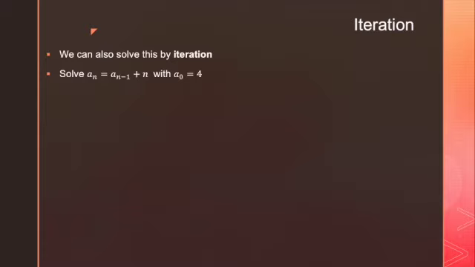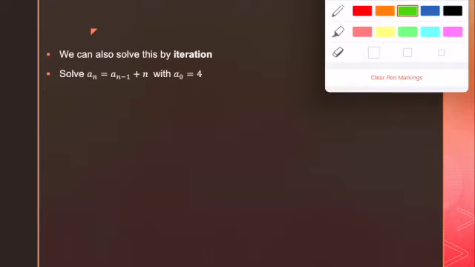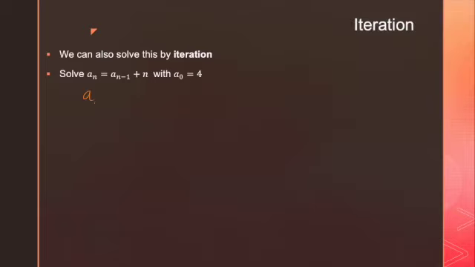So I have my relation and my initial condition. I now know that, let's use orange, a sub 1 equals a sub 0 plus 1. a sub 2 equals a sub 0 plus 1 plus 2. a sub 3 equals, stick with me, a sub 0 plus 1 plus 2 plus 3.